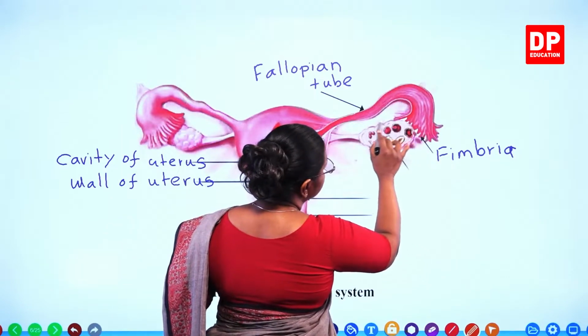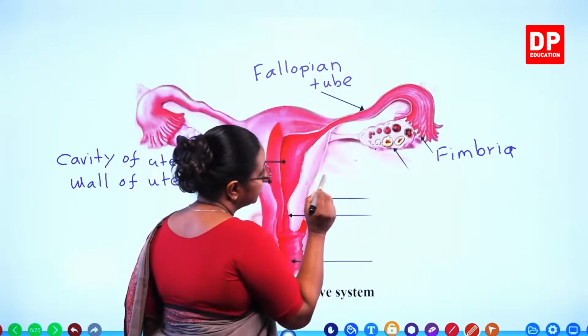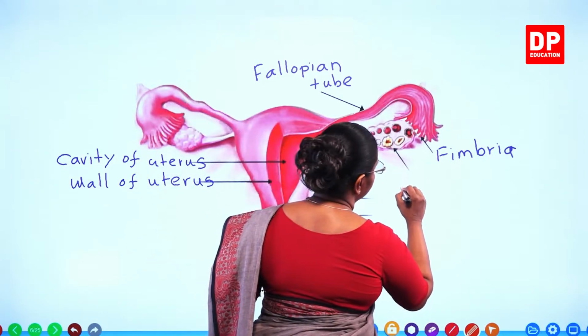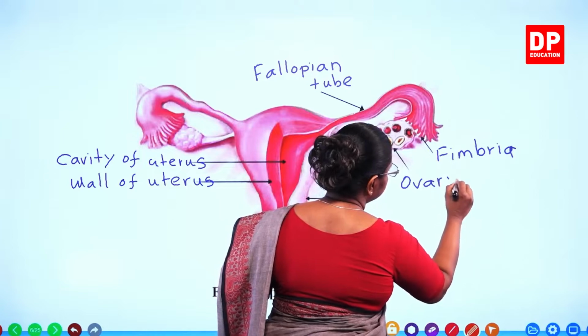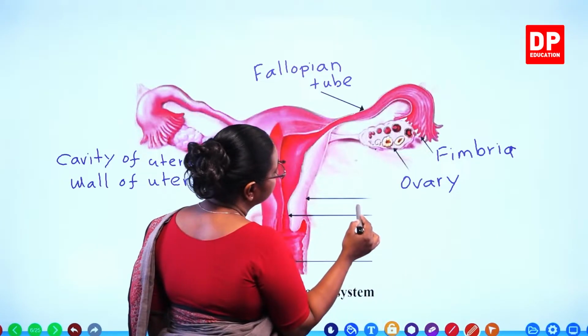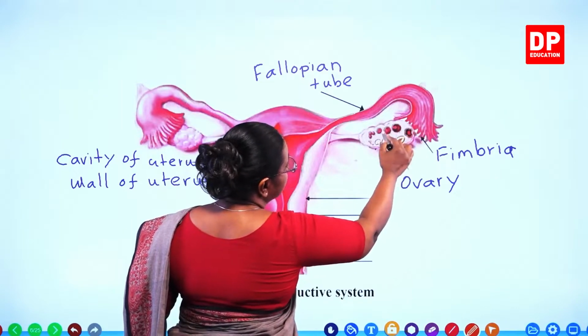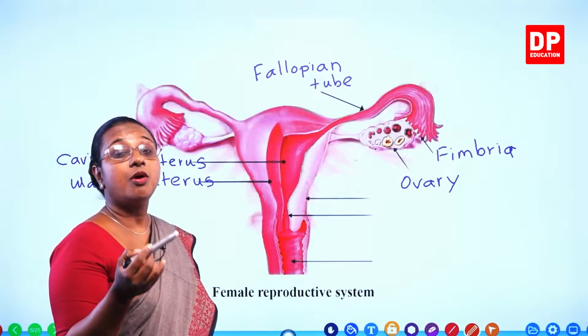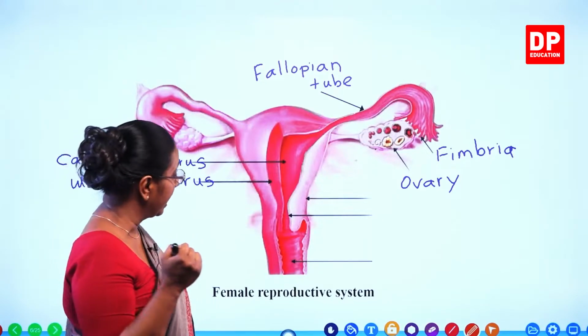In the ovary, you all can see the different structures, the different stages of developing follicles. So, here you can see the smallest ones are the primary follicles, then they develop, then they form the Graafian follicle. After that, it becomes the corpus luteum and corpus albicans.